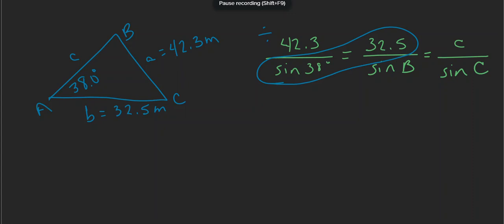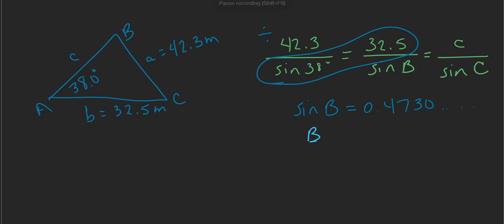Okay, sine of B gives me 0.4730 and so on. The number I originally got was 846, so I knew that I did something wrong. This is under 1, so it probably has a solution.